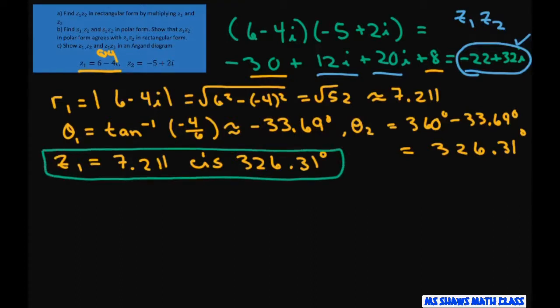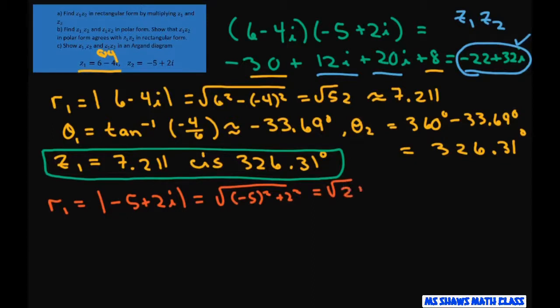All right, next one. For Z2, R2 equals the absolute value of negative 5 plus 2i, which equals the square root of negative 5 squared plus 2 squared, which equals the square root of 29, which is approximately 5.385.